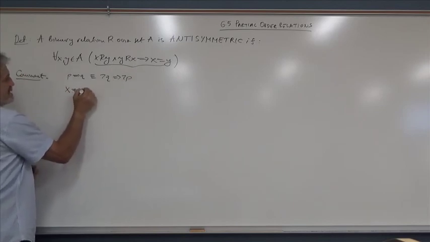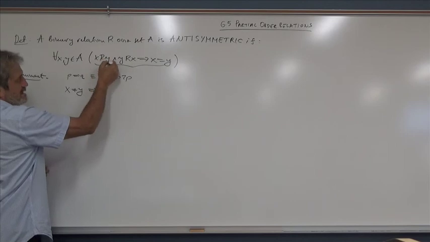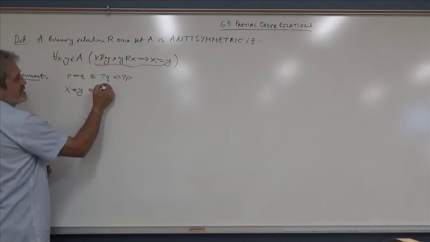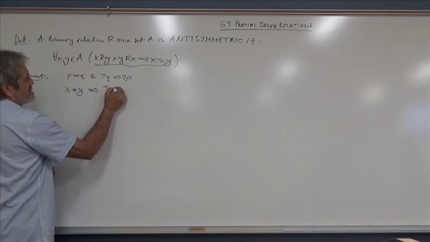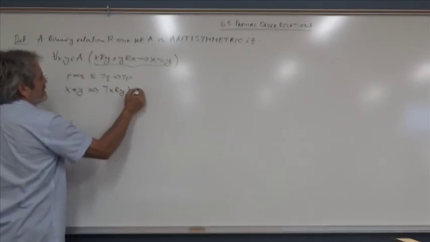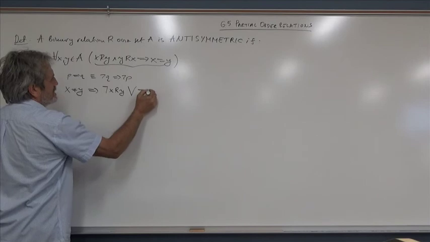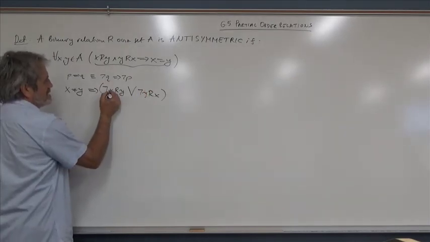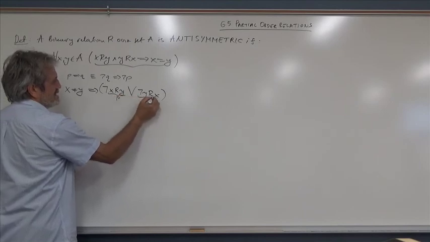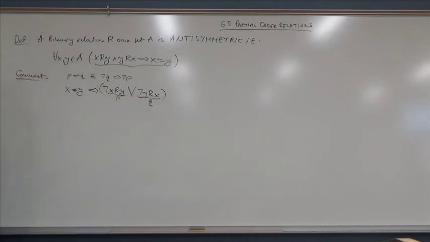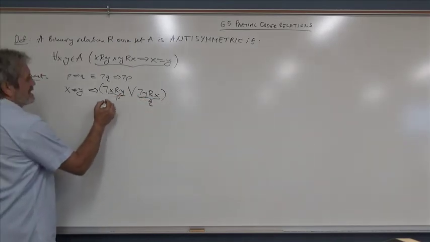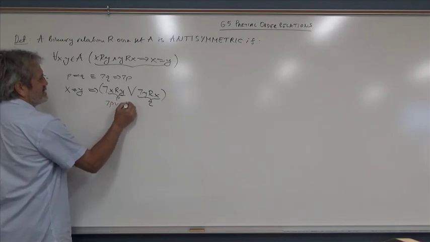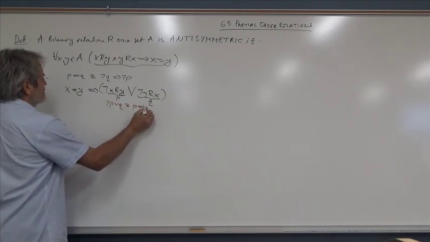If x is not equal to y, the negation of this conjunction, according to De Morgan, is a disjunction of negations: not xRy or not yRx. But then even better, if you call this P and this Q, then we use again that not P or Q is equivalent with P implies Q.